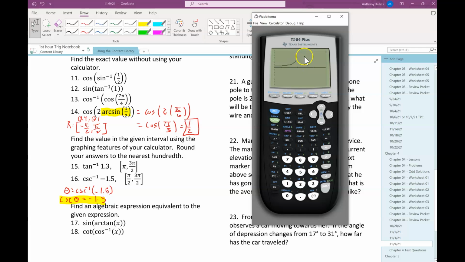So this first line that's coming in, this is the graph for cosecant. And this is the graph for negative 1.5. And what I'm looking for is this intersection right here. So I'll do second trace, select the intersect command, enter, enter, enter, and it tells me that that intersection is at about 3.87. So that is my solution, 3.87.